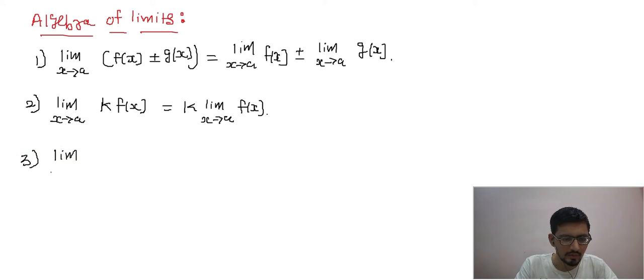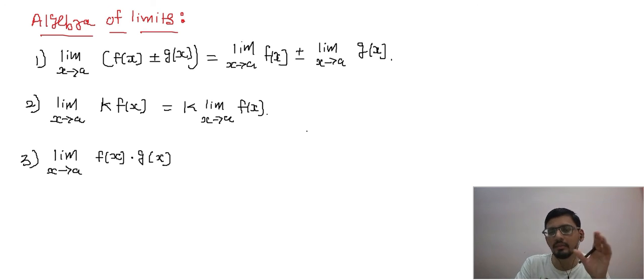Number three, you have to be careful. If I have limit x tends to a f of x into g of x, a multiplication, see, with plus and minus you could simply give individual limits. But here you should take care: once you split this limit into separate limits, till the end you cannot give a common limit again.